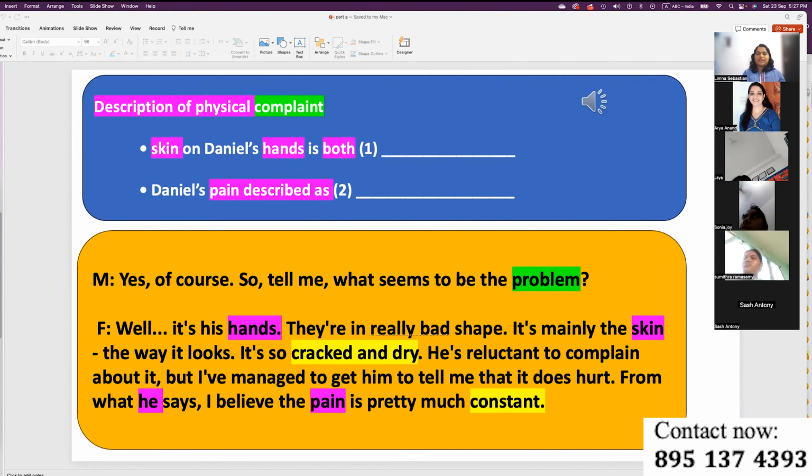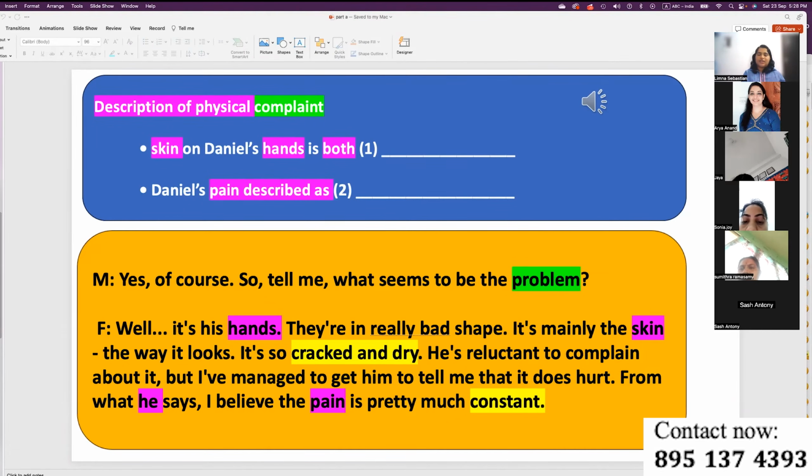So in the audio we can hear the pediatrician asking, so tell me what seems to be the problem. Here the problem is actually a paraphrasing of description of physical complaint, a synonym for complaint. He's asking about the problem, so that heading is the question of the health professional.